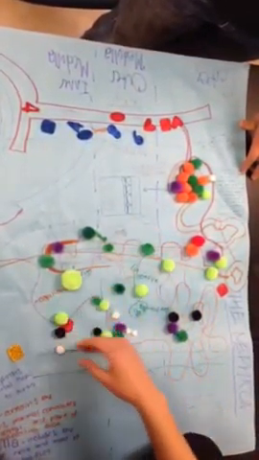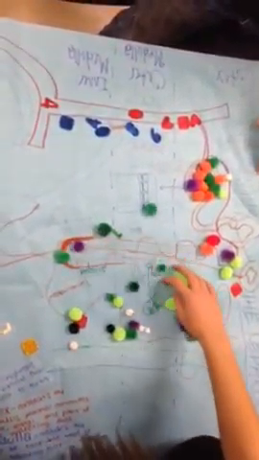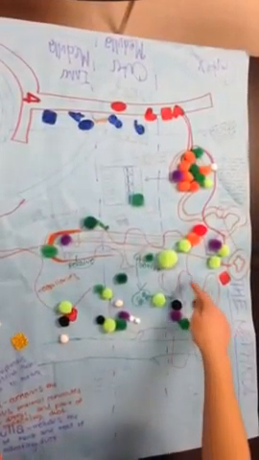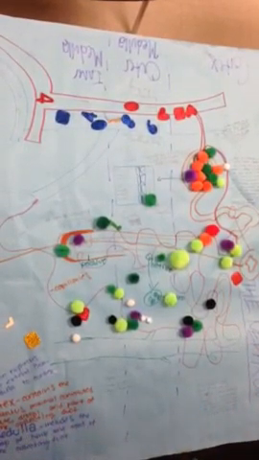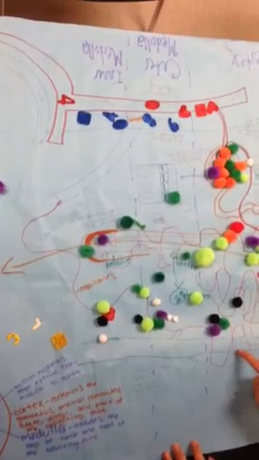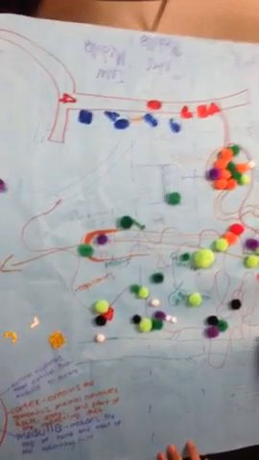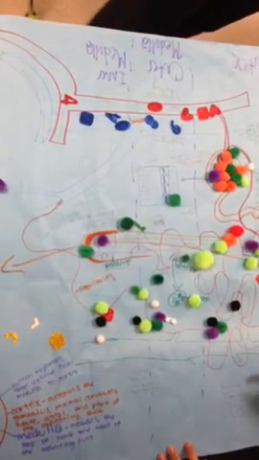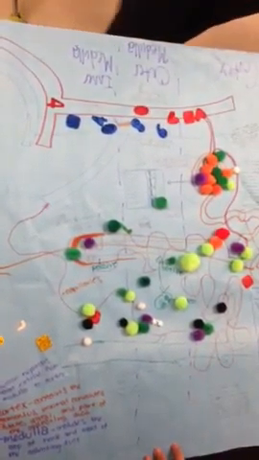It just keeps on going, and then it goes into the distal convoluted tubule, which you can see right here. In the distal convoluted tubule, this is the final site of secretion of toxins into the urine, so you could say it's the final step towards creating urine.